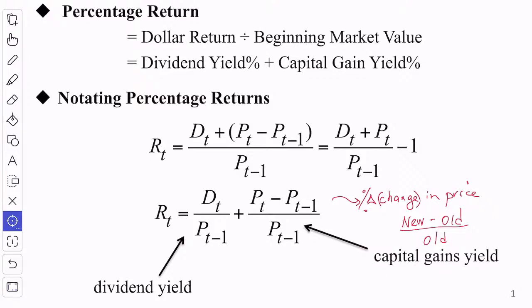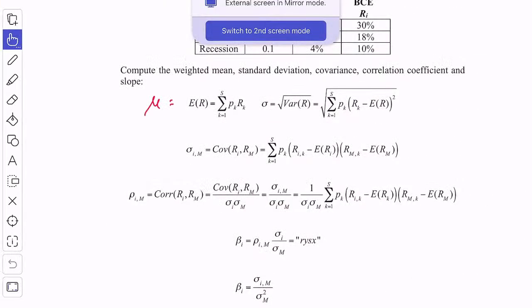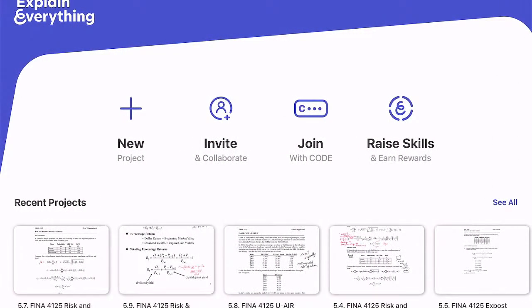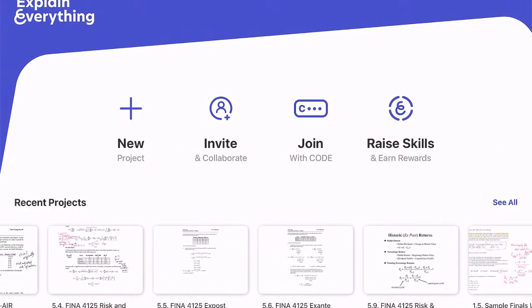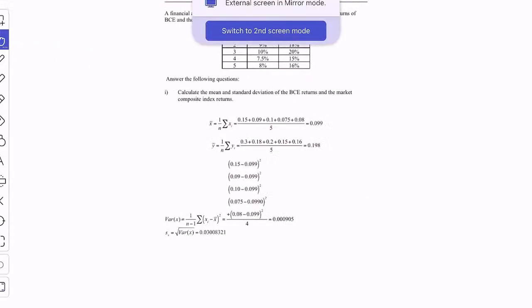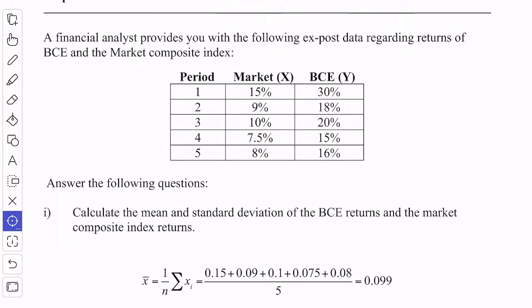So what is this? This is the way that we calculate either of these, which is one of them, right?